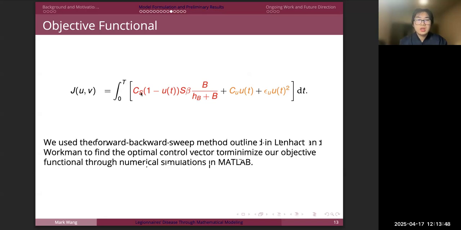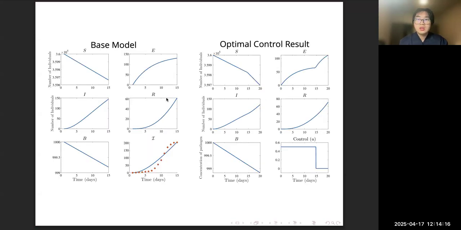You can think of the red as the cost of doing nothing: the cost if we let the disease go on and the outbreak continue. The orange term is what's going to cost us to sanitize the water and run our control. We use the forward backward sweep method to find the optimal U such that we minimize this objective functional. After running some numerical simulations, this is what we have.